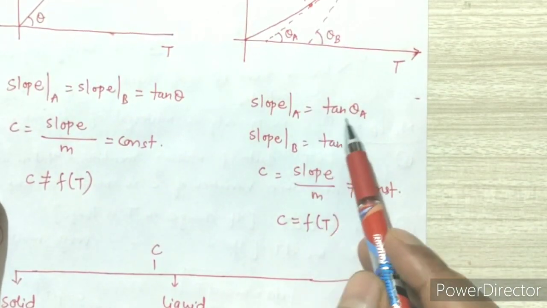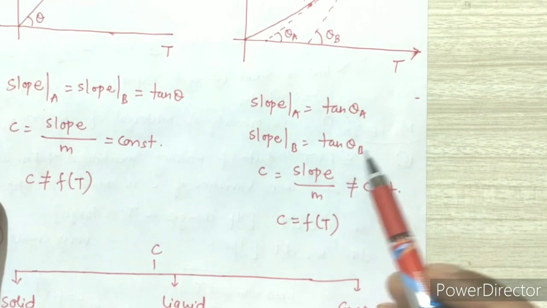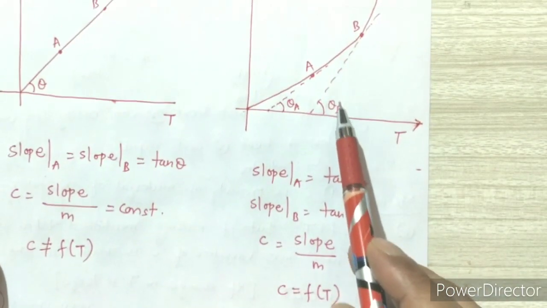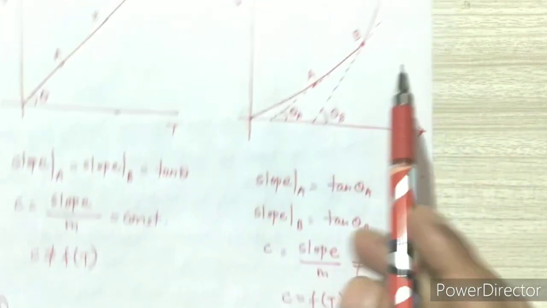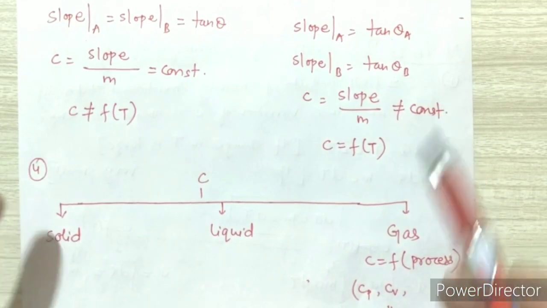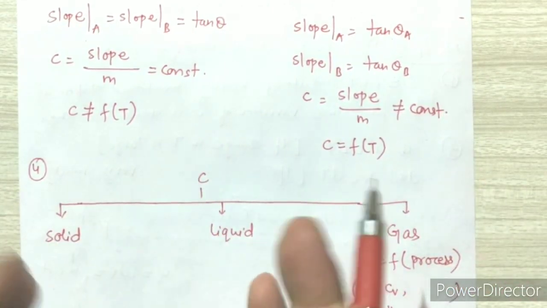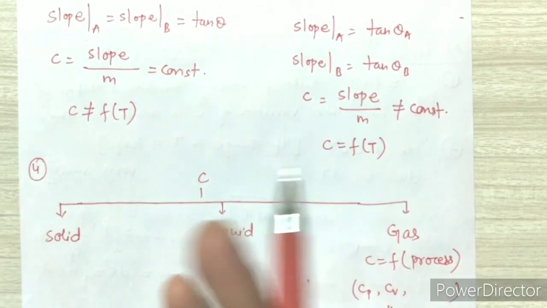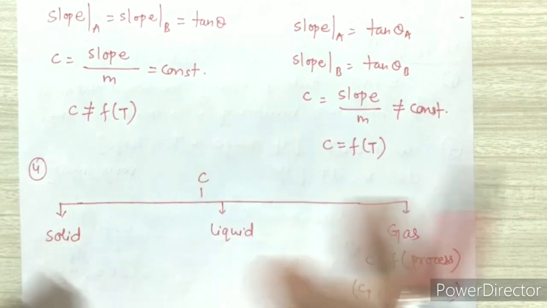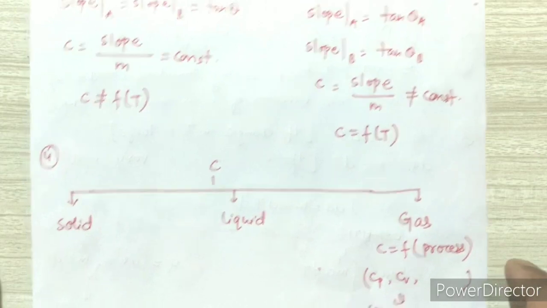Here we can see that theta A is not equal to theta B. So specific heat is not constant in situation number 2; it is a function of temperature. So remember, if specific heat is a function of temperature, then the graph will not be a straight line. Clear?